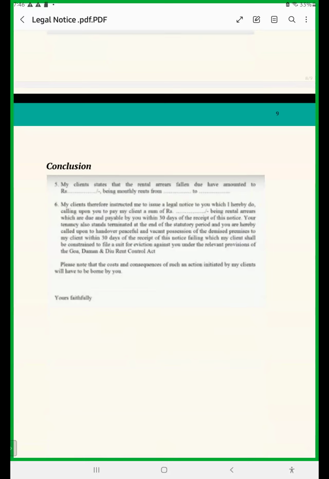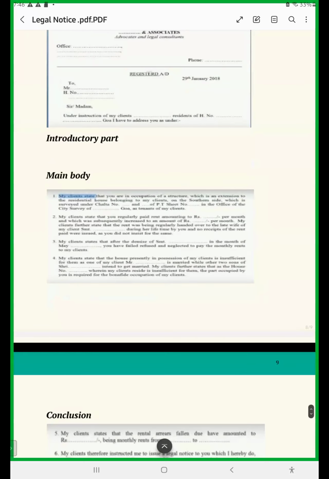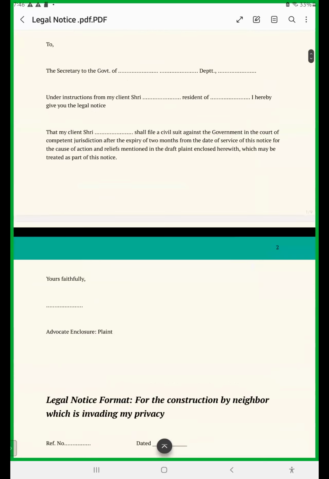At last we write that one copy is with me, yours faithfully, name, sign and signature of the advocate. This is how we follow three parts: introductory part, main body and conclusive part. This is how legal notices work and how we make legal notices.